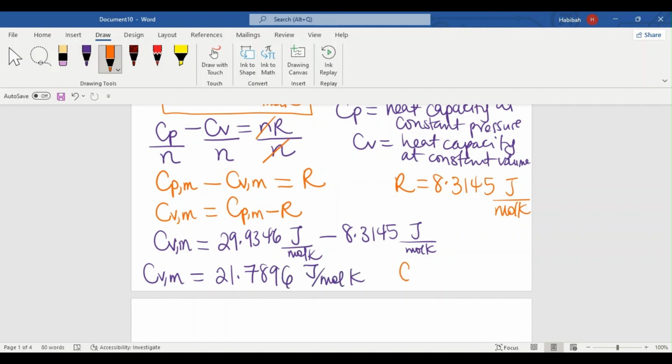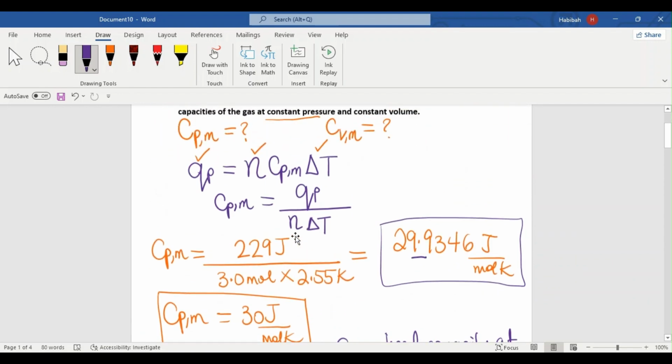So rewriting C_V,m, we have approximately 22 joules per mole Kelvin. So this is the answer for C_V,m. You can see that we solved for C_P,m, and we immediately could solve for C_V,m using this particular formula. So this is basically how you do this question.